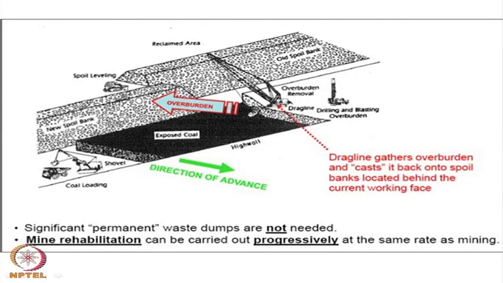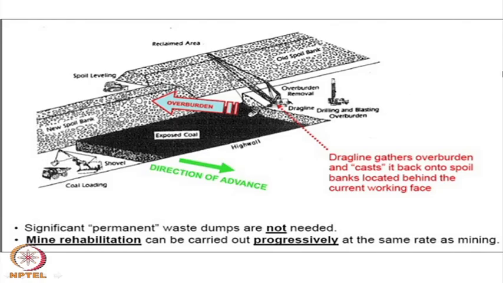So, this gives you how the dragline does the cast, and the overburden dump or spoil dump is formed on the decoaled area, below that coal, this is the floor of the coal seam, and once this coal is taken out, this space will be ready.